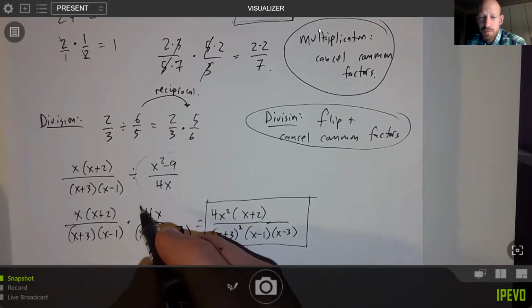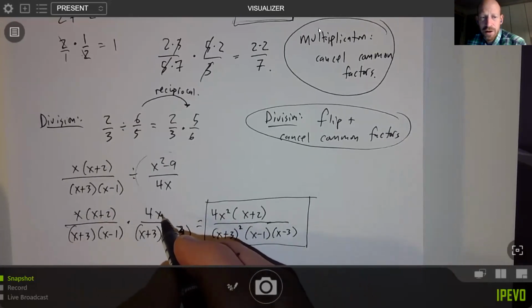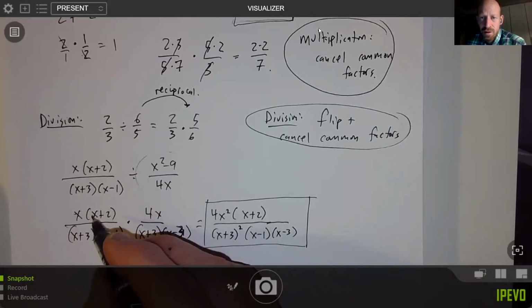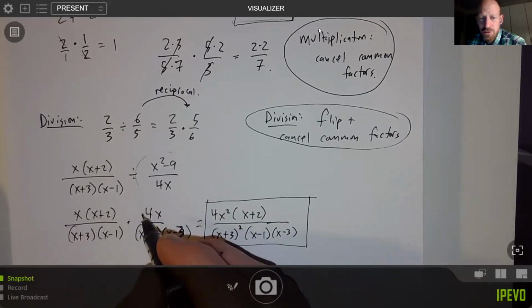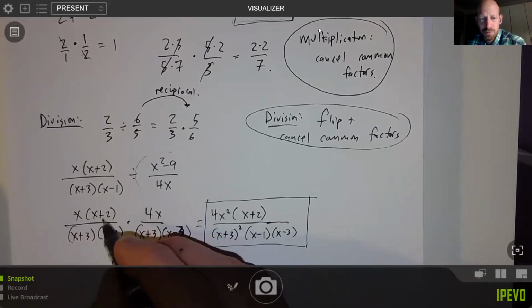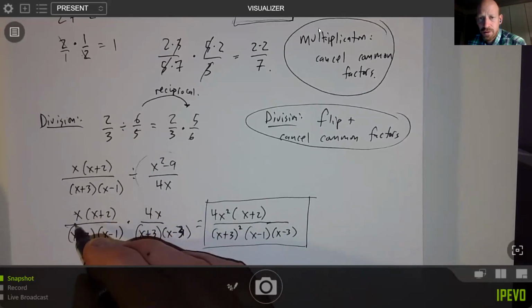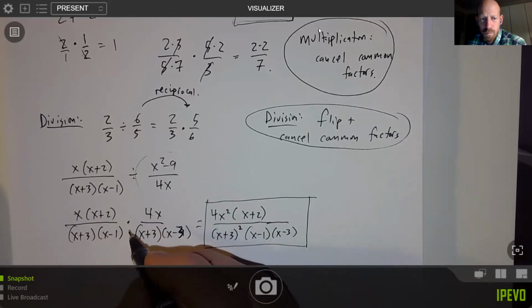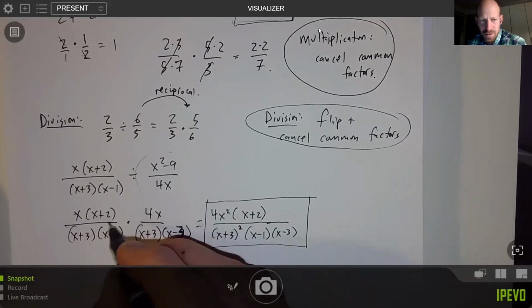I'm not distributing, so I'm not multiplying the 4x times both of these. It's all multiplication, so I'm just picking the 4x times whichever one I want. So would it be like the x that is outside the parenthesis is what you're multiplying? That's exactly right.